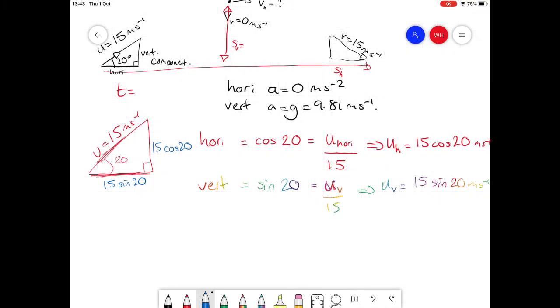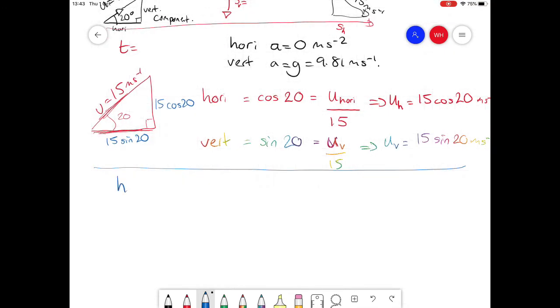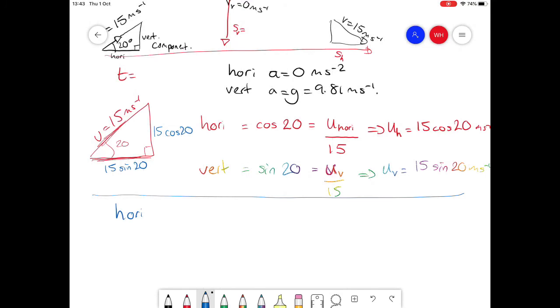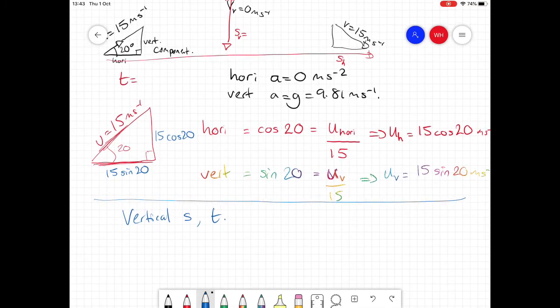Okay, we know those aspects about the end one as well. Let's consider the horizontal I wrote first. No, let's do vertical. Yeah, let's do vertical. Use the blue pen. Vertical S, and we'll do T from the vertical.